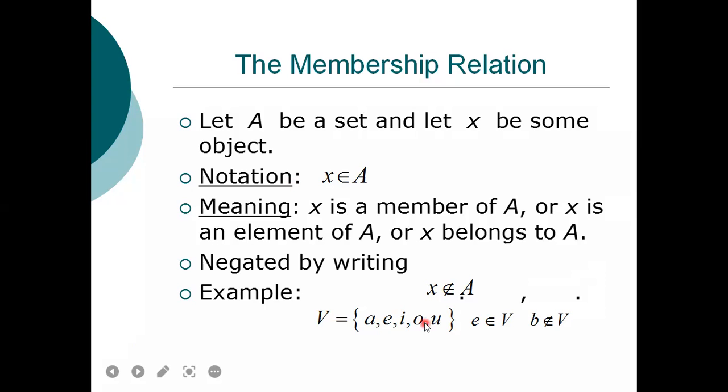That means all vowels, there are 5 elements, and E belongs to B, but small b doesn't belong to B, because b is a consonant.